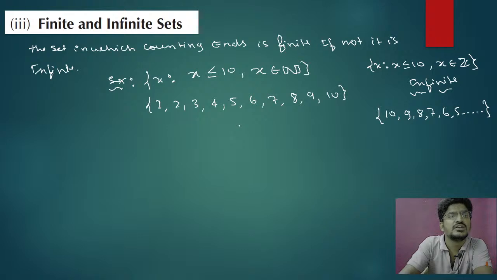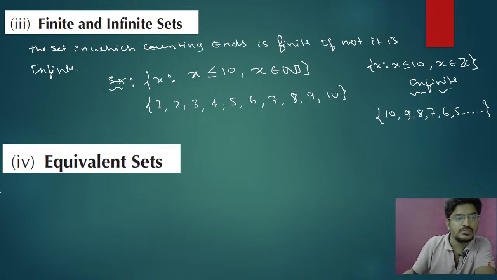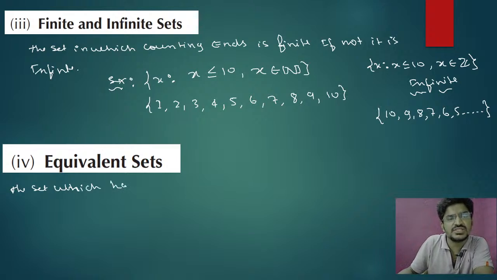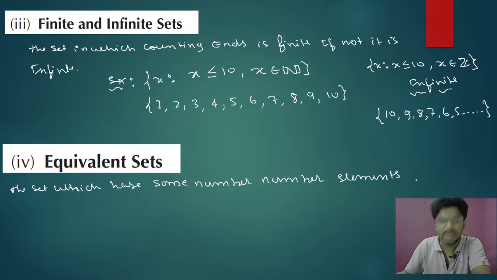Okay, so next, fourth one, equivalent sets. You just see about equivalent sets: the sets which have the same number of elements are called equivalent sets.